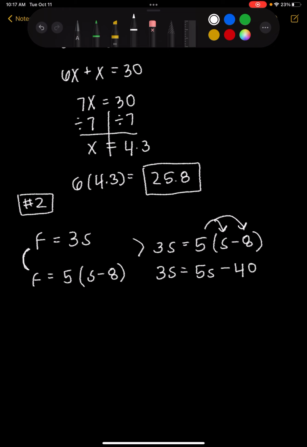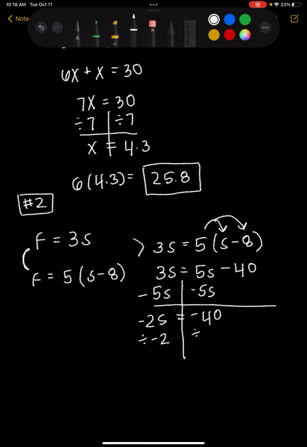Then I want to get the s's on the same side, so I'm going to subtract 5s from each side, and I get negative 2s is equal to negative 40. Then I'm going to divide both sides by negative 2 because I want to get the s by itself. And I get s is equal to, sorry, that should be a negative 2. S is equal to 20.